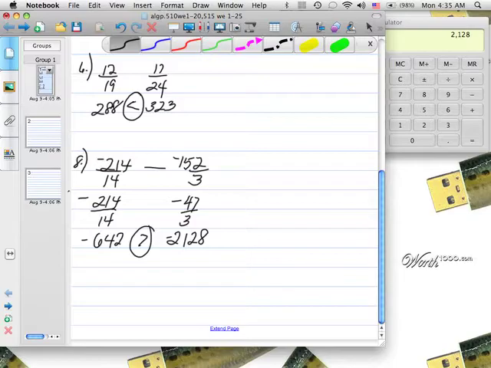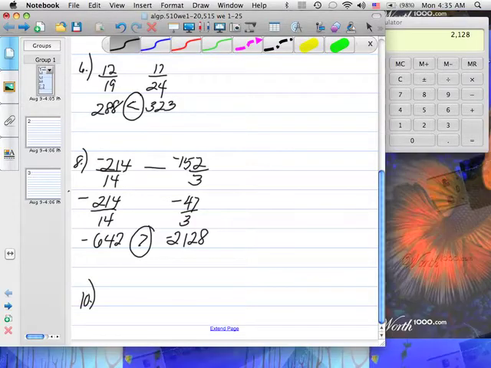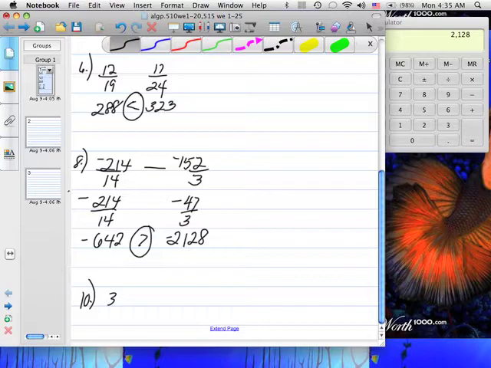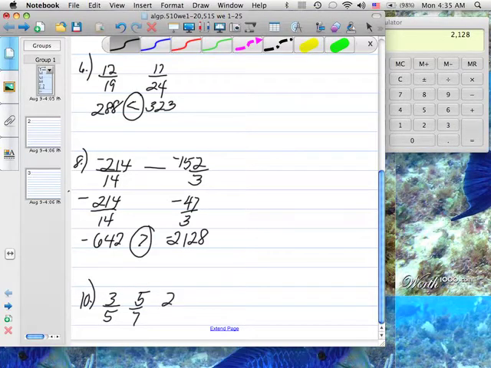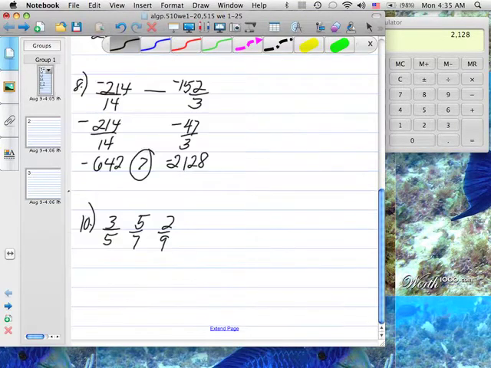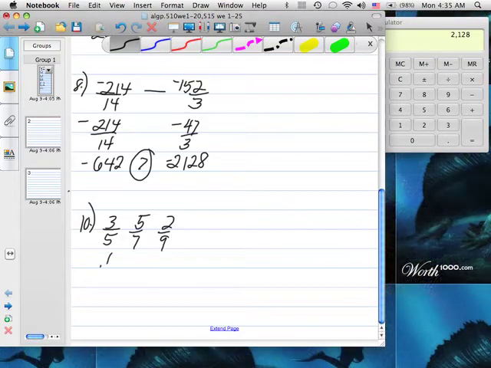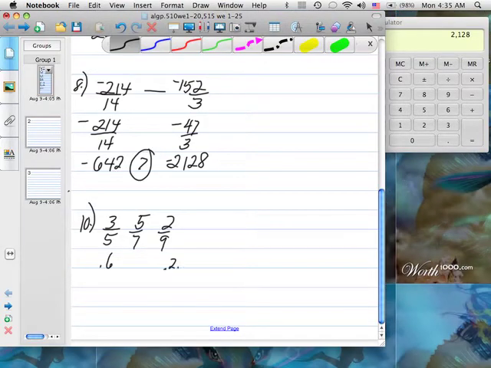The next set of problems are supposed to put the numbers in order from the least to greatest. So we have 3/5, 5/7, and 2/9. And it might be easier just to use decimals. This is 0.6. If you remember, when we memorize fractions, this is 0.2 repeating.